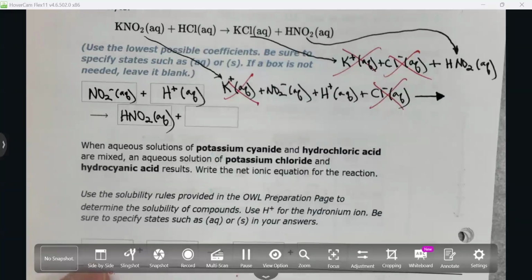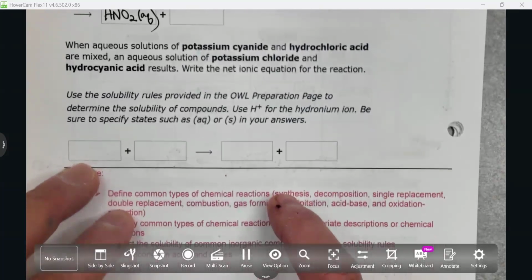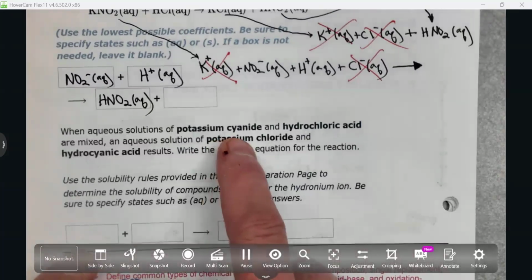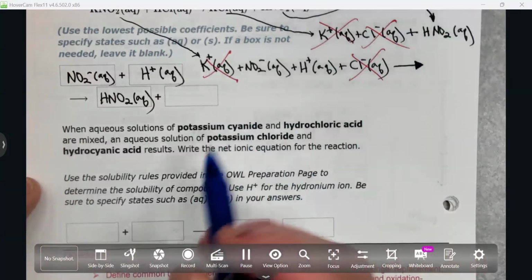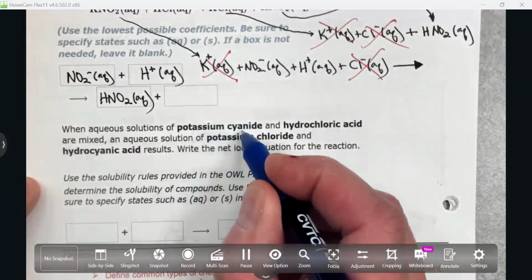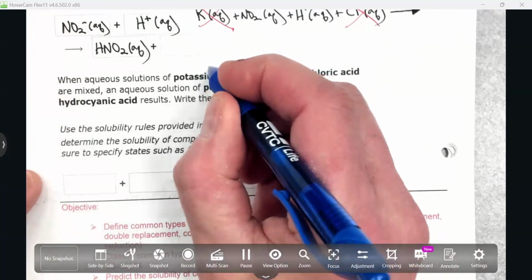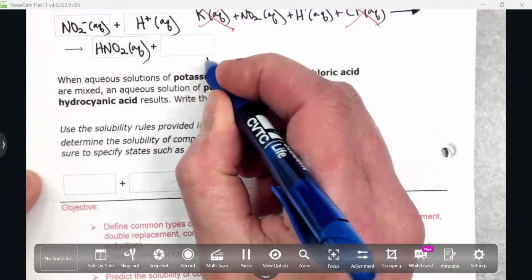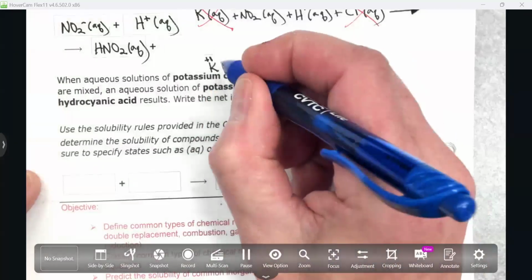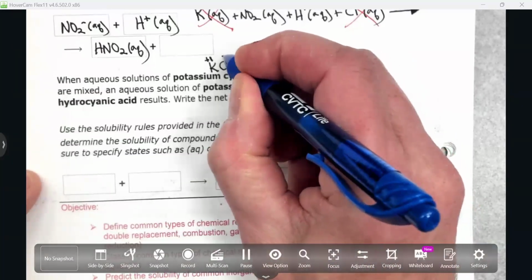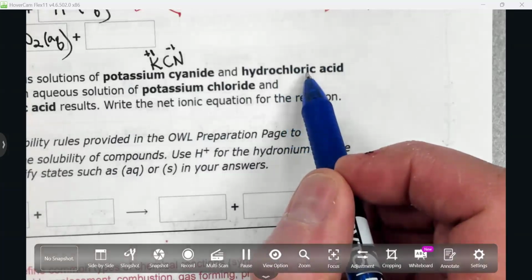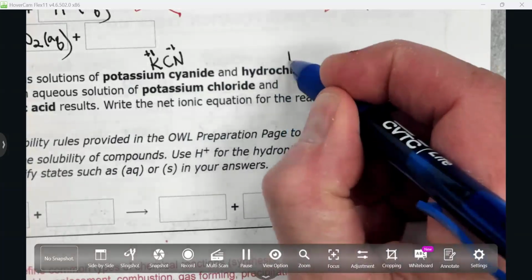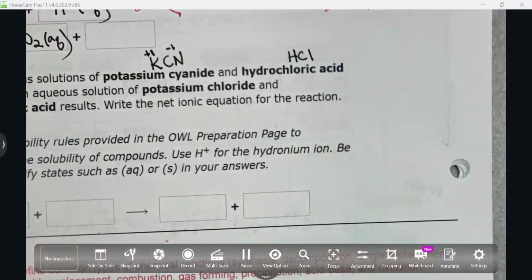All right, another one that's similar that has a weak acid in it. Potassium cyanide, hydrochloric acid. The formula for potassium cyanide: K+1. Cyanide is CN-1. Hydrochloric acid, HCl, yes.